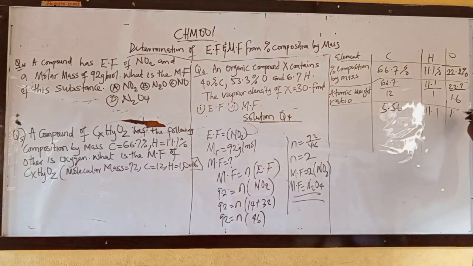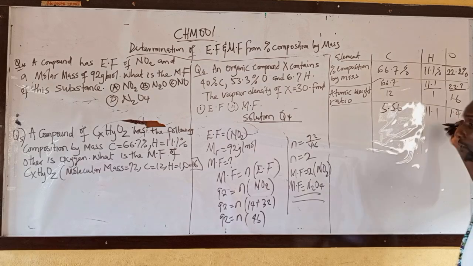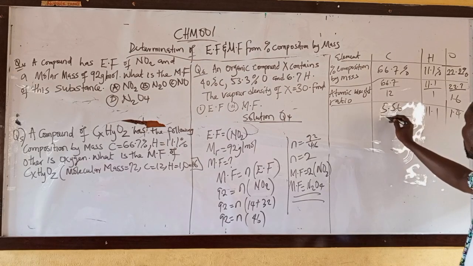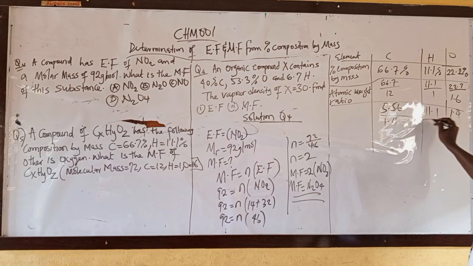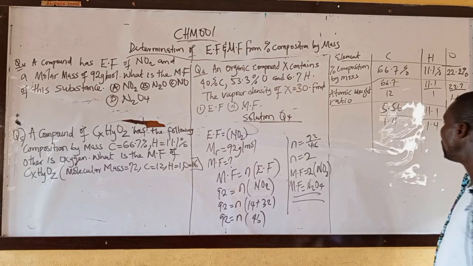Then we divide by the smallest. Which one is the smallest? 1.4. What are we going to have if you divide by 1.4?